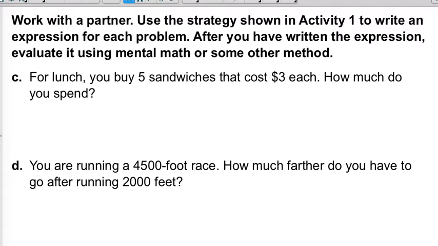What are you gonna underline? What do you underline? For lunch, you buy 5 sandwiches, it costs $3.